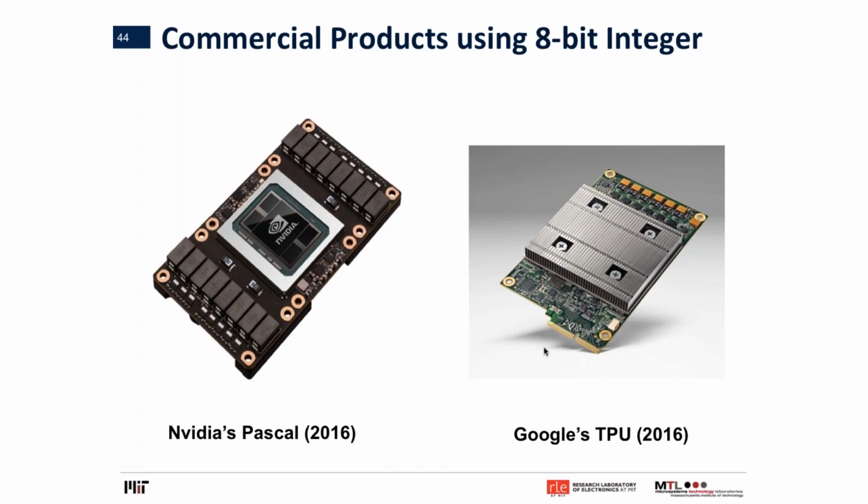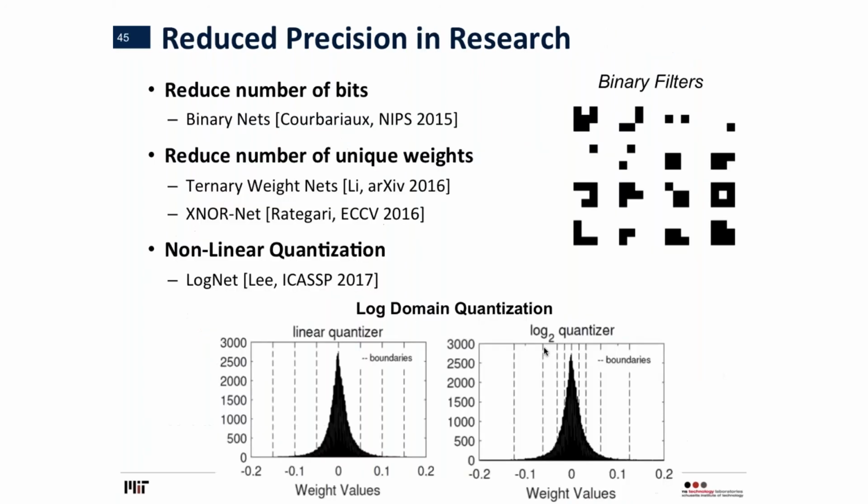Within the research community, people have been pushing this to much more extreme levels. The very first thing that people have looked at is, can we reduce the number of bits to the level of a single bit per weight, so binary nets, which some of you may have heard of. The idea of how to visualize this is basically looking at binary filters. So your filters are basically, as shown here, composed of 0 and 1 values.